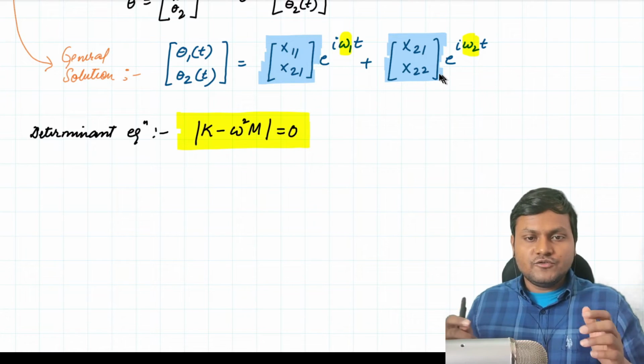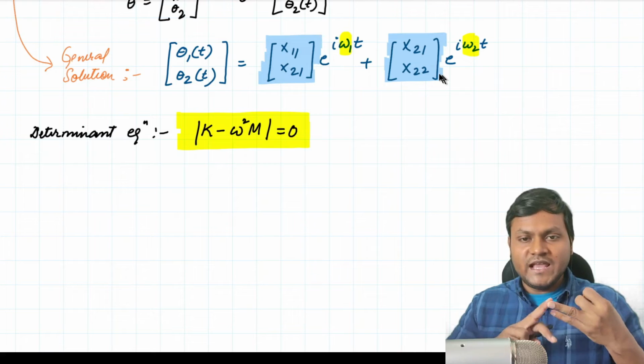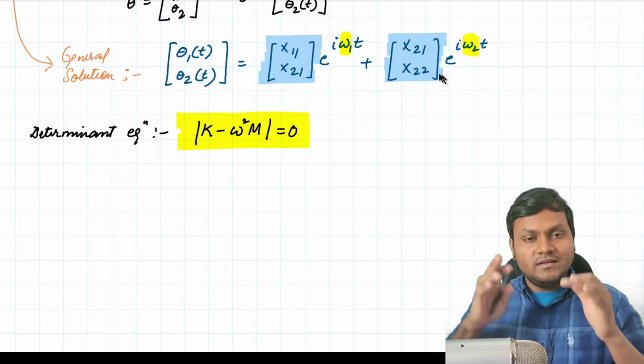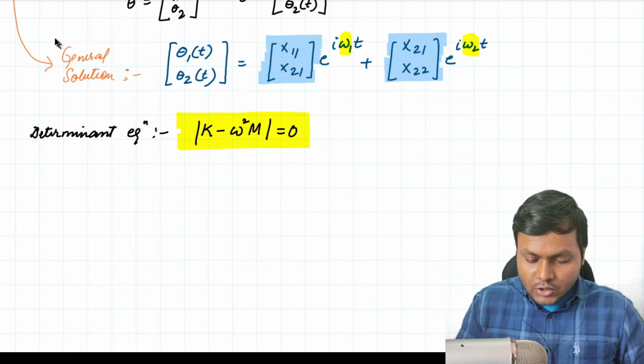So our challenge is to find the eigenvalues associated with this determinant equation and their corresponding eigenvectors. Once we do that, then we can write the general solution in this fashion.